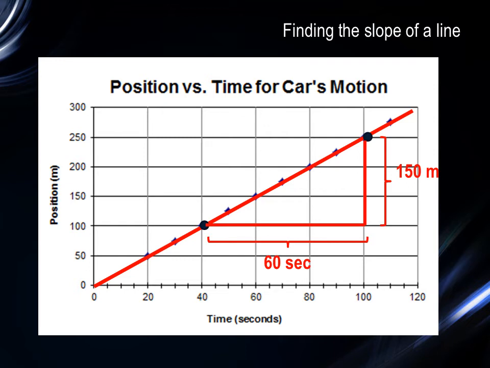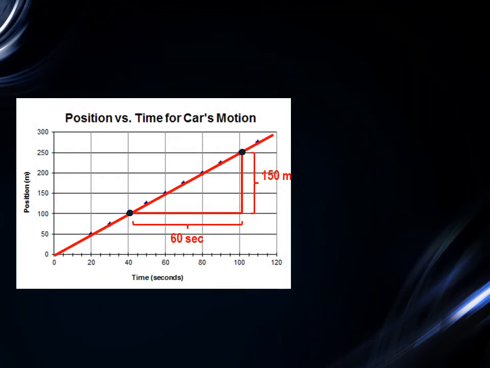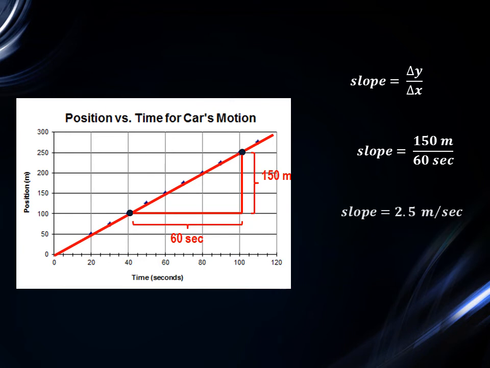And the change in my x happens to be, let's see, 100 minus 40, that's 60 seconds. My rise over my run, or my change in y divided by my change in x, that's how I calculate slope. I'm going to plug in those values, 150 meters divided by 60 seconds, and when I do the division I get 2.5 meters per second. I've just found the slope of the line.